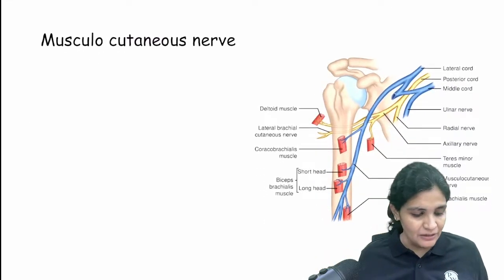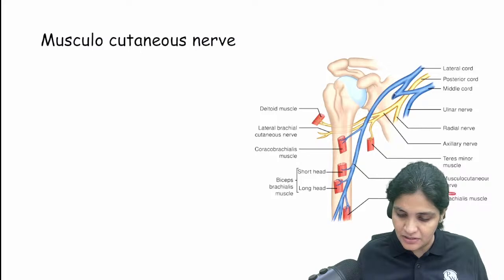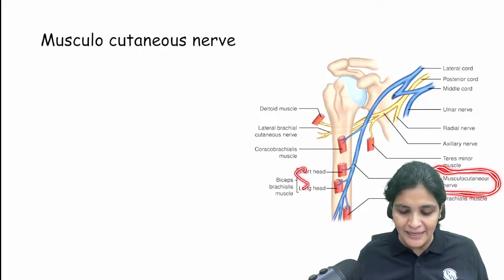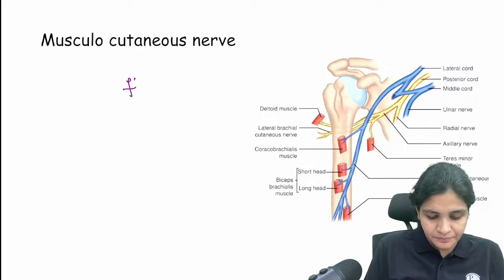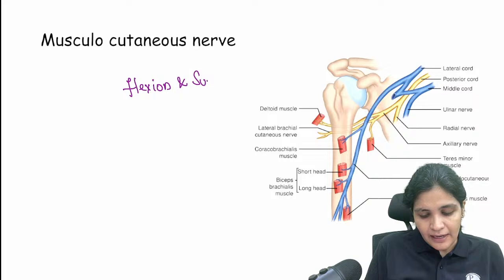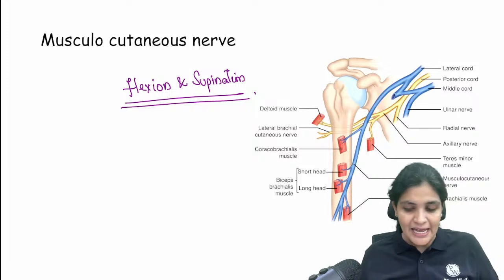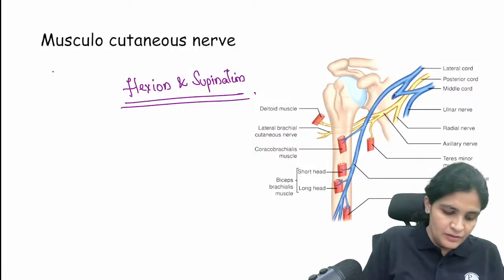Then comes your musculocutaneous nerve. Musculocutaneous nerve, if you see, this is your musculocutaneous nerve here, right? And this applies the biceps. I have told you, right? Biceps, and it is mainly for flexion and supination, right? So it applies the flexors and the supinators. So that is your musculocutaneous nerve.